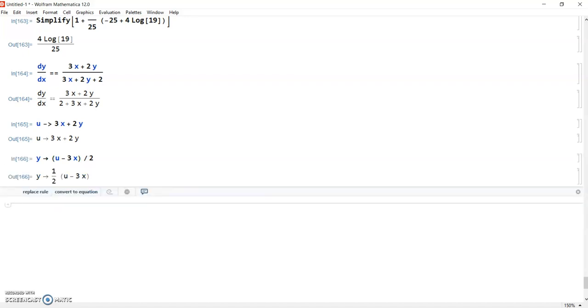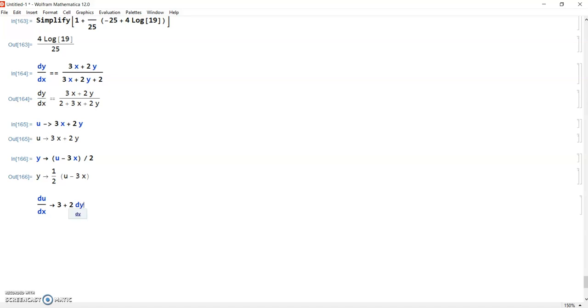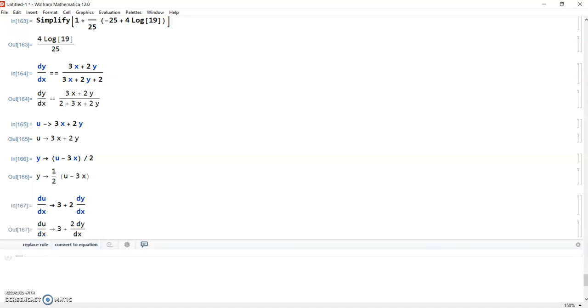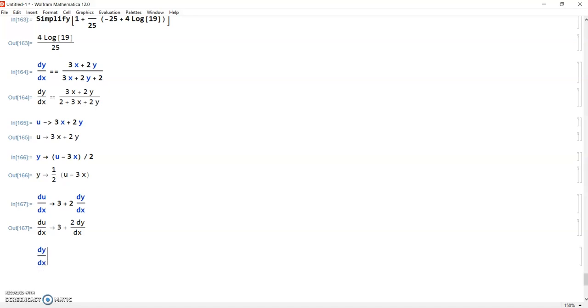Okay, and if I take the derivative, du over dx will be given by 3 plus 2 dy over dx, or in other words, dy over dx will be given by du over dx minus 3, and then the whole term divided by 2.